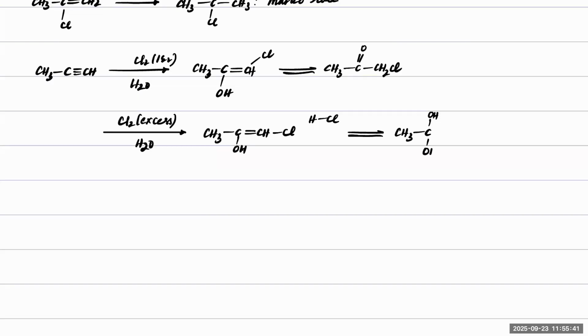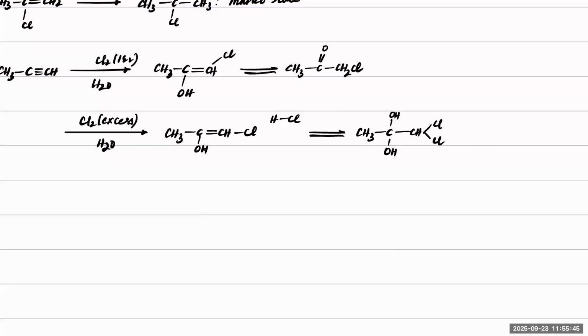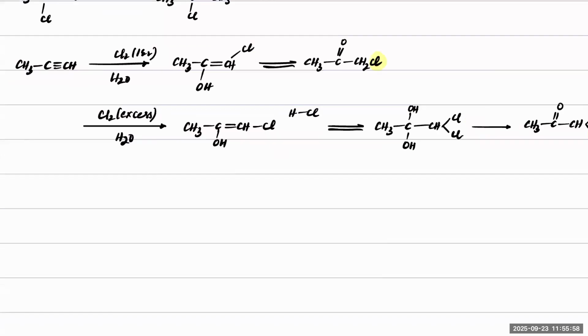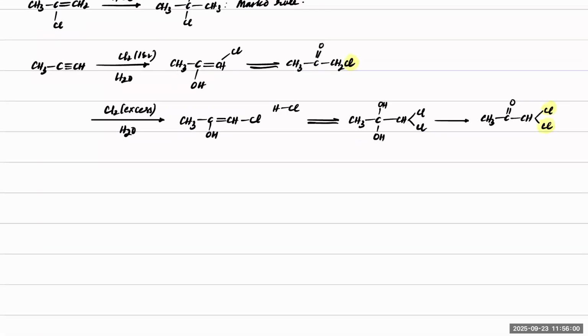Two OH groups will again convert into a ketone, but this time there will be two chlorines added. So the final product you should report is CH3C double bond O, CHCl2. This is the difference you need to notice: one chlorine here, while in this case we'll have two chlorines. That is the product form you need to remember.